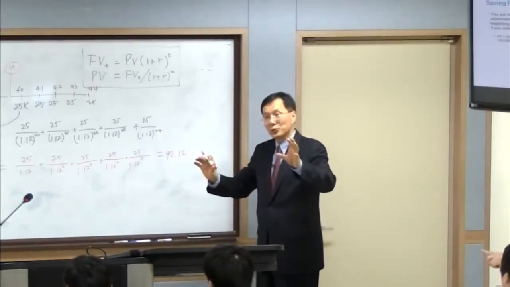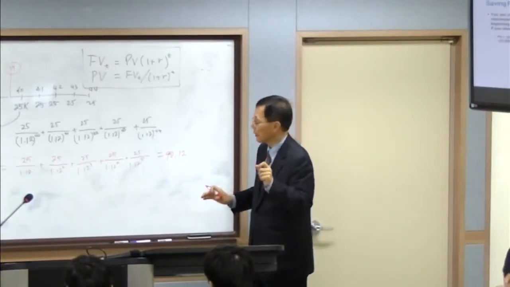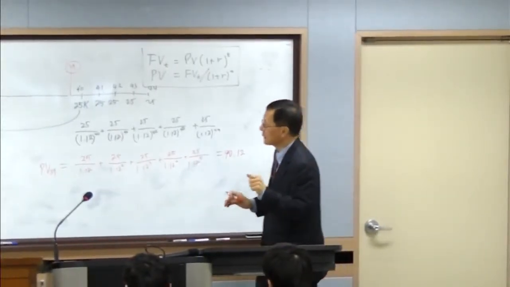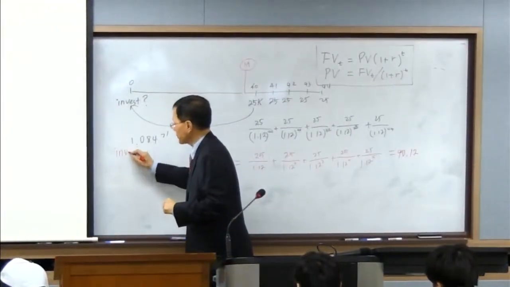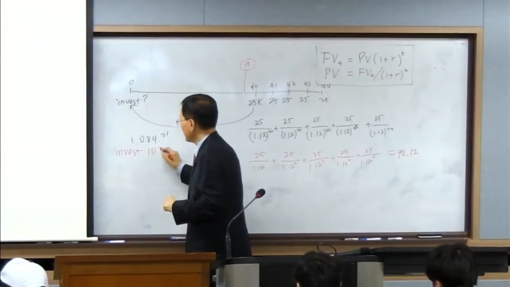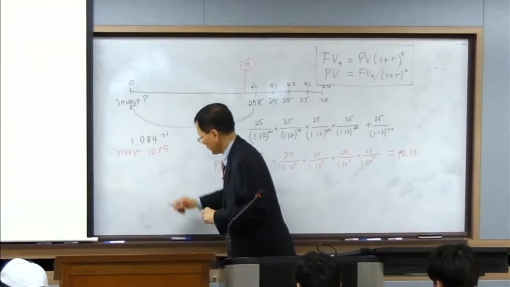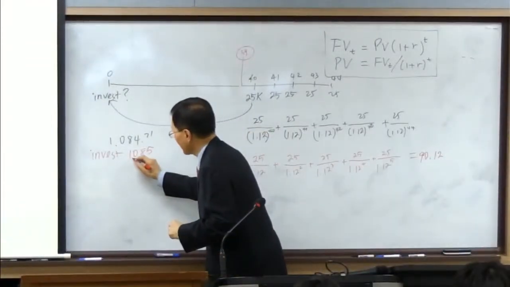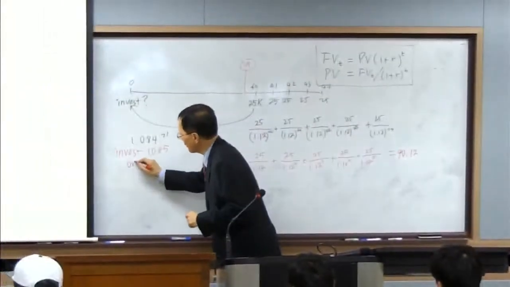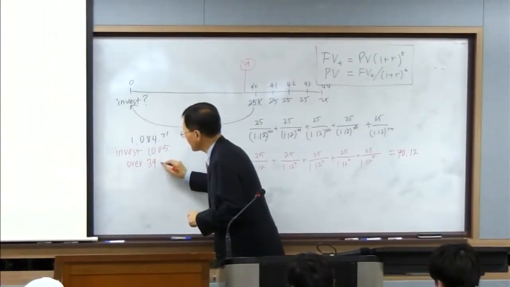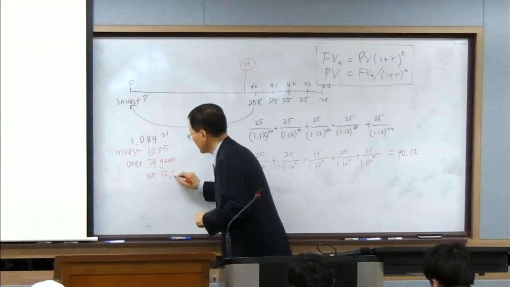Now I want you to find that. Today, invest 1,085. Invest 1,085 over 39 years at 12% interest.